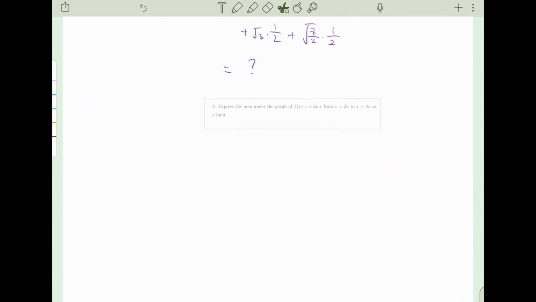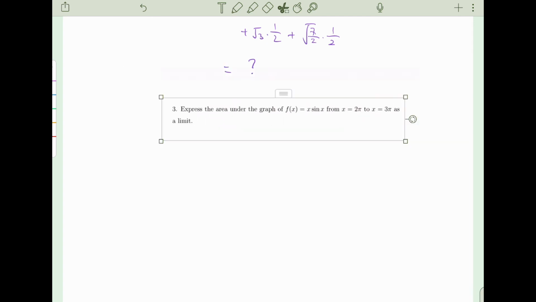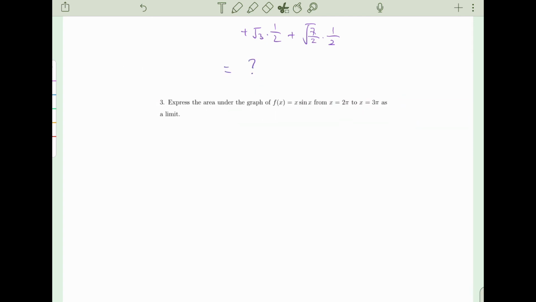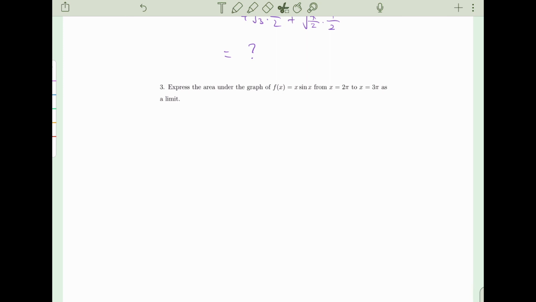Now let's see question 3. Express the area under the curve by using a limit. So same stuff. We take a look at the interval first. It's from 2 pi to 3 pi. So you see that a is equal to 2 pi and b is equal to 3 pi. Right?